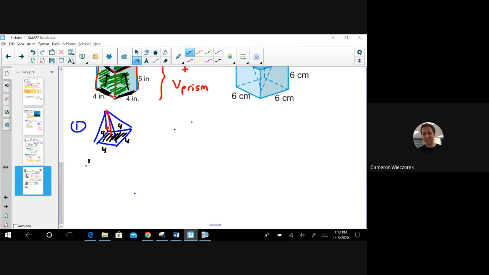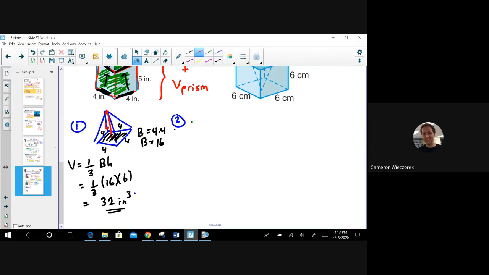So I'm just going to do 1/3 the base area times the height. Base area is a square. 4 times 4 is 16. So 1/3 times 16, and then the height they gave me was 6. So 6 times 1/3 is 2. 2 times 16 is 32. So the pyramid's got 32 cubic inches of volume.